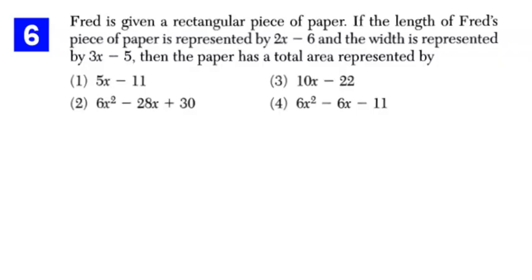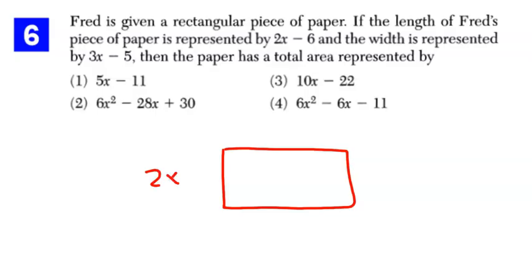Number 6. They're asking you to find the area of Fred's rectangular piece of paper. It has a length of 2x minus 6 and a width of 3x minus 5.